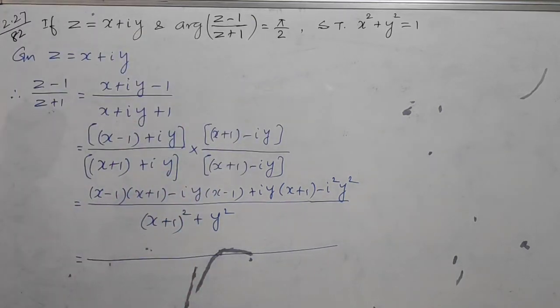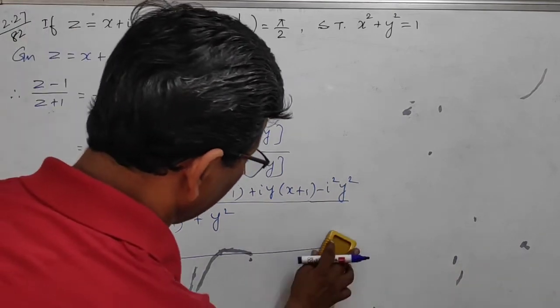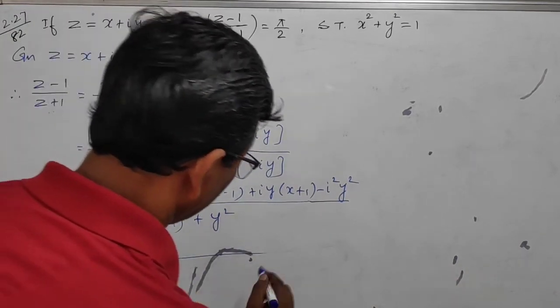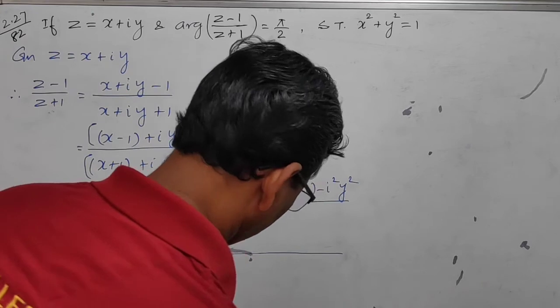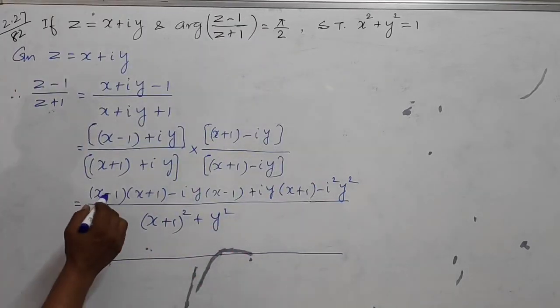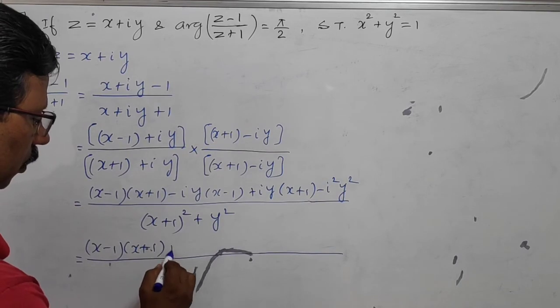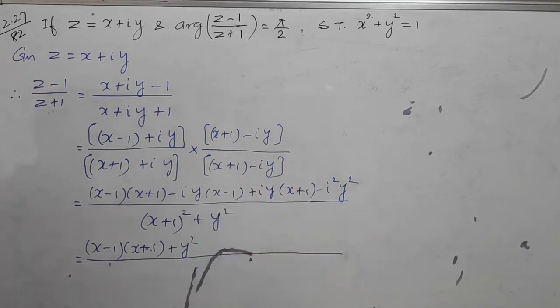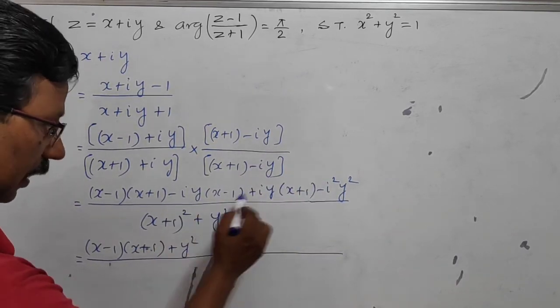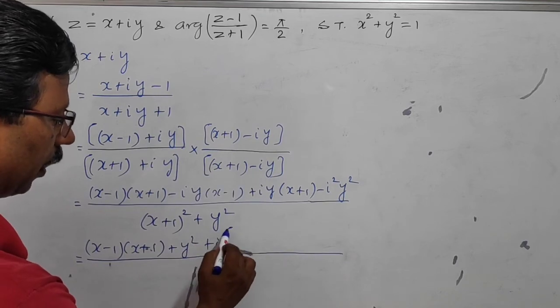Then after that you can rewrite this, trying to collect all the real parts together. See, x minus 1 into x plus 1, then plus y square, plus y square. Then here you get the i symbol, therefore you can take i commonly outside.